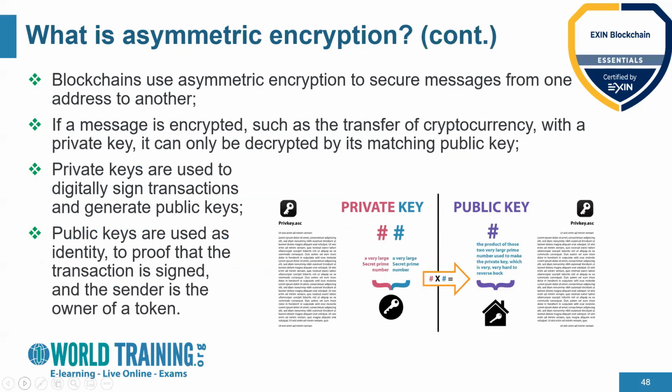Blockchain uses asymmetric encryption to secure the messages from one address to another. In blockchain, most of the time people use asymmetric encryption, and if a message is encrypted, such as the transfer of cryptocurrencies, with the private key, it can only be decrypted by the matching public key. That's how the blockchain network uses asymmetric encryption for transfer of value in the form of cryptocurrency.